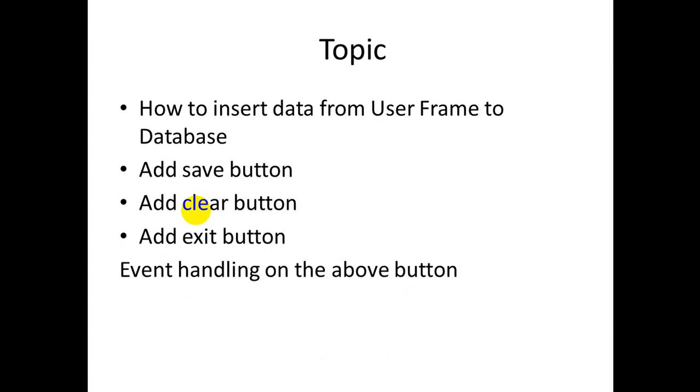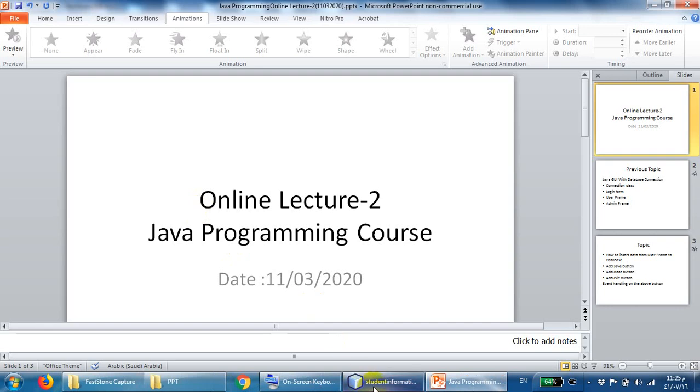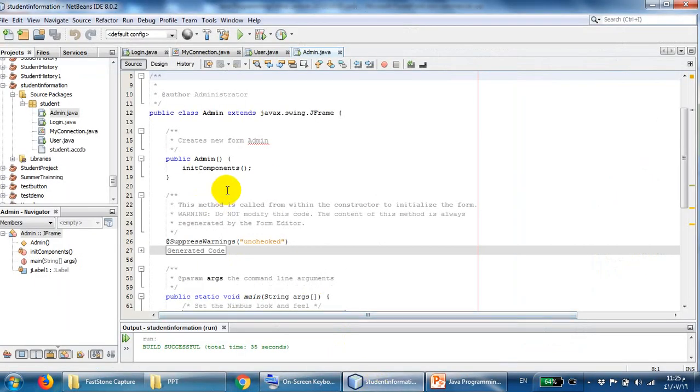When you click the clear button, the text fields will be empty. When you click the exit button, you will exit from the frame. We are going to do these things in this session.